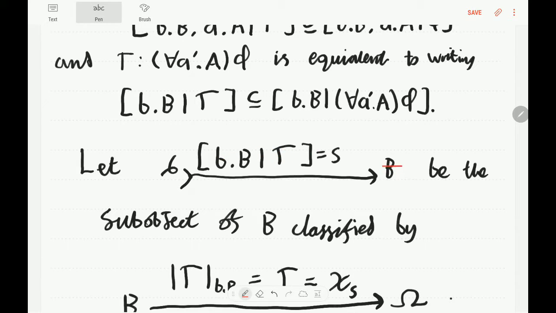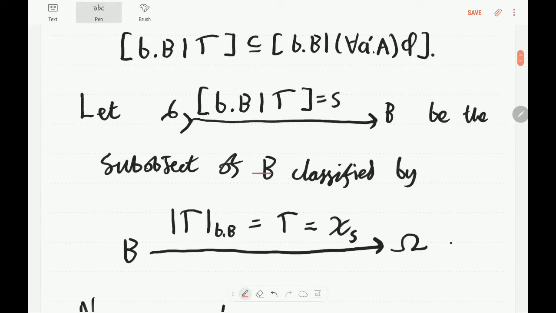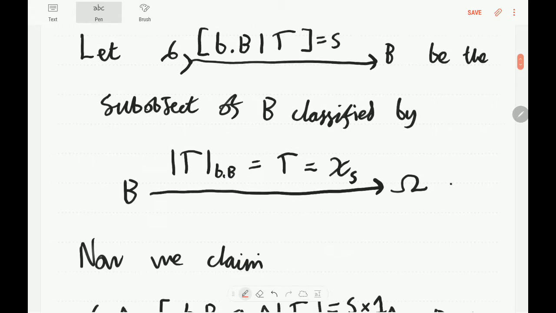And this is going to be a sub-object of b, and we're going to call it S. Now, what is it? Well, it is the sub-object classified by the interpretation of gamma over b's, which we just call gamma. And we could also call this the classifying arrow of S, since S is the sub-object classified by this thing, okay?